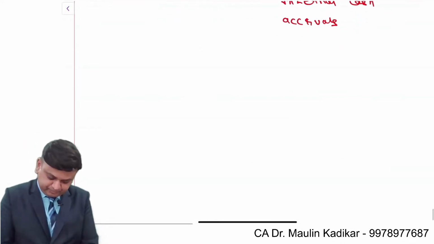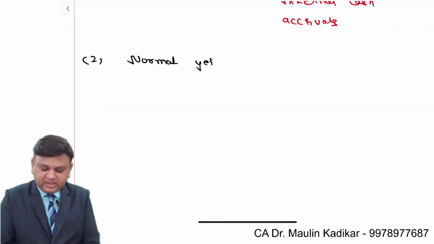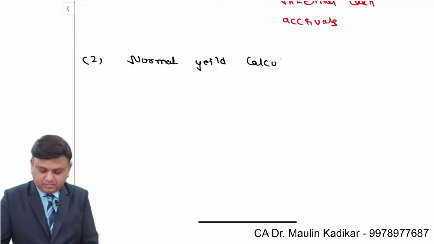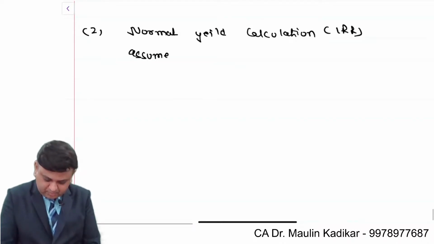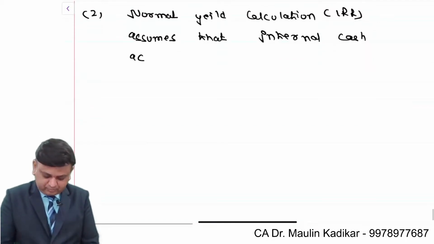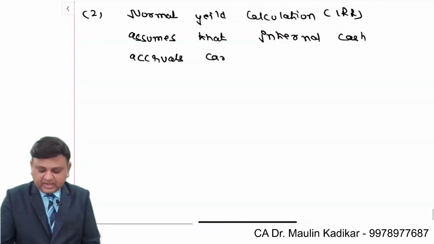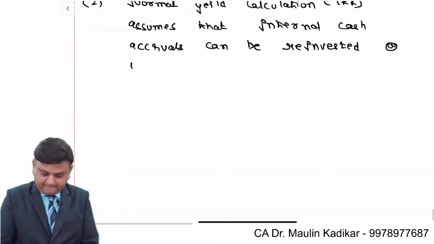Second point, write down: normal yield calculation, in bracket I am writing IRR, assumes that internal cash accruals can be reinvested at the rate IRR slash yield.